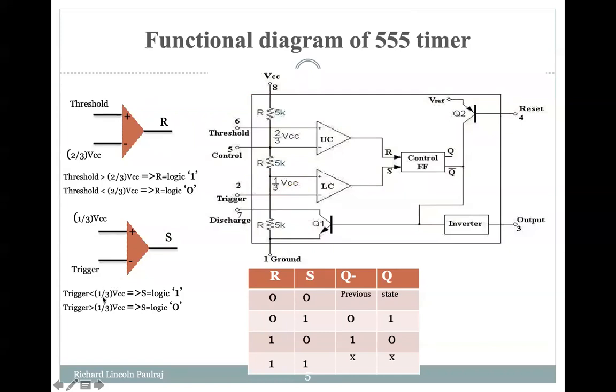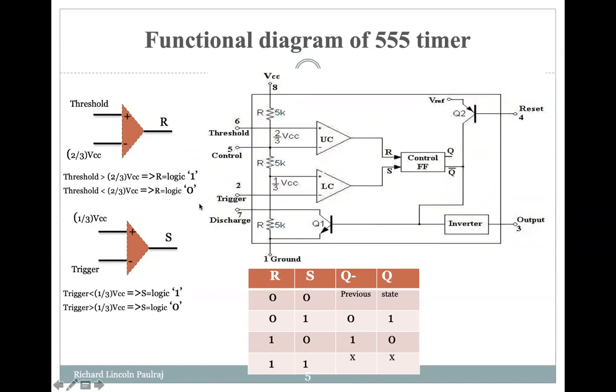So let us take this and connect it to S. The output from here is going to be S. If the trigger value is less than 1/3 of VCC, then S is going to go high. And if it's greater than 1/3 of VCC, then S is going to go 0.